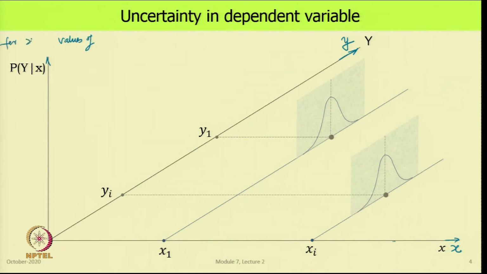The idea being that for any given x, xi, values of y can vary from experiment to experiment. So, what we have here is a plot of that variation in y. So, at this x1, this is y1, this is x1, and this is our data point. This is the mean value.